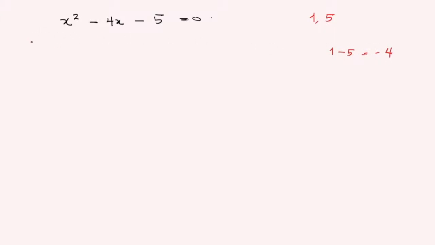And so we can rewrite this equation as x squared plus x minus 5x. Don't forget what we have here is plus 1 minus 5. So plus x minus 5x minus 5, and this is equal to 0.